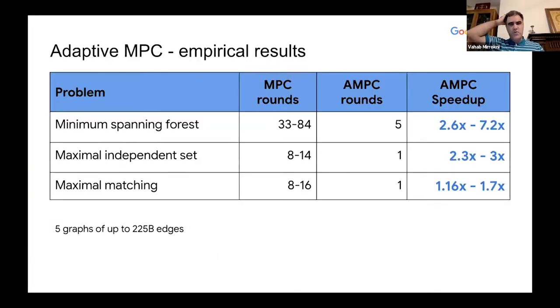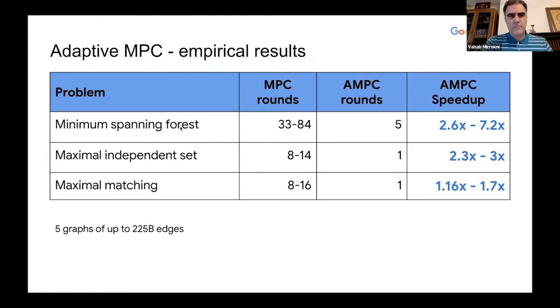So with that in mind, we also implemented these algorithms in the AMPC model using basically an implementation of Flume or MapReduce, and also a distributed hash table service at Google.